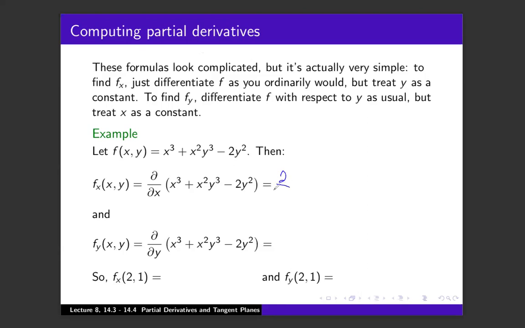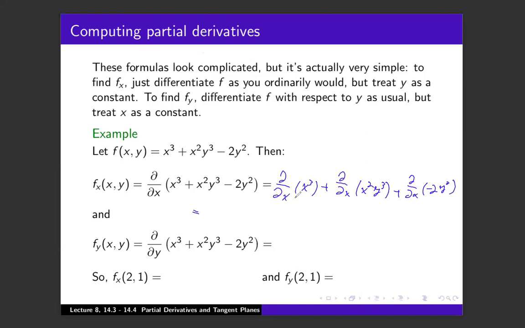So let's take a look here. Del x of x cubed plus del x of x squared y cubed plus del x of negative 2y squared.